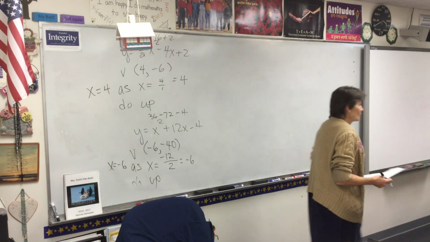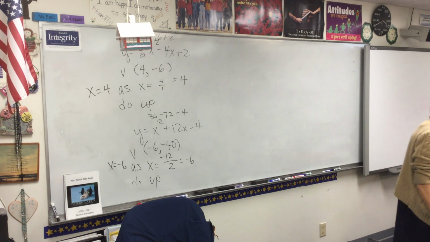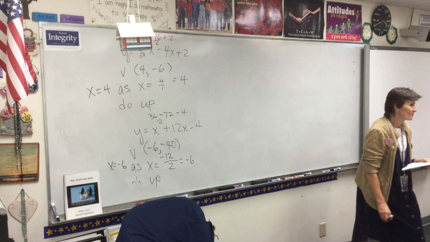B, is B a polynomial? No. Because there is a negative exponent. Sam says that C is a polynomial. Is he right? Yes. Sam is right. There's nothing wrong with C. C is a yes. How about D? That's a yes also.